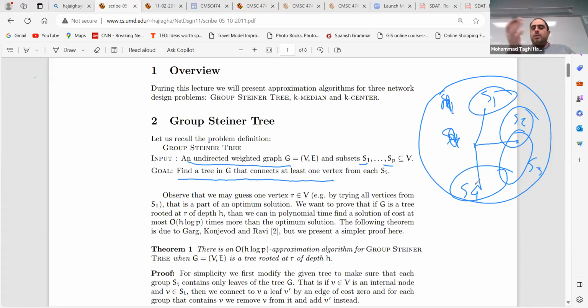If all the groups are of size 1, then it is a Steiner tree, and there is a constant factor of 1.39. But in this case, the best algorithm that we have is log n squared times log p, and I want to present this algorithm.